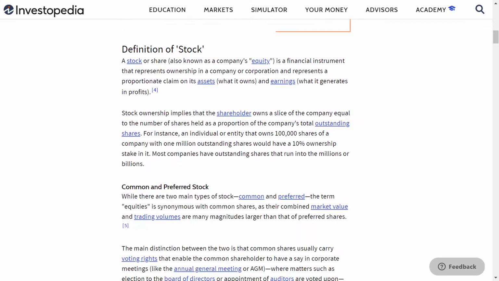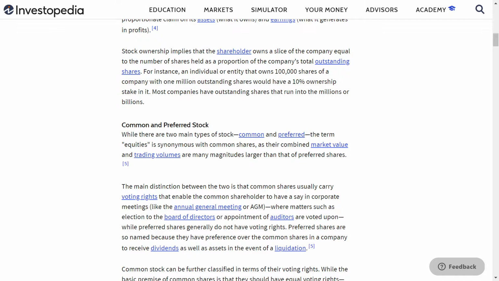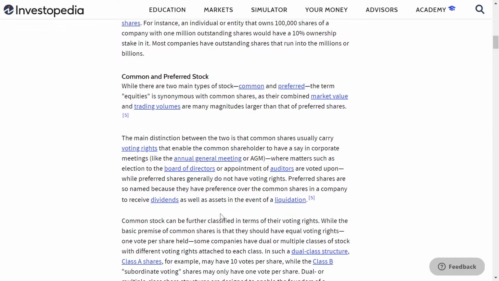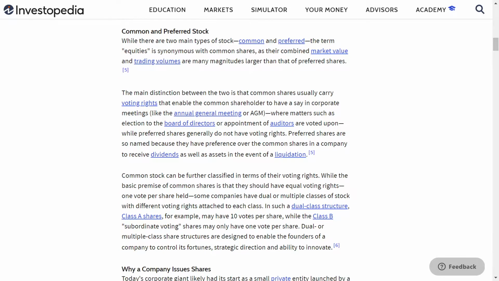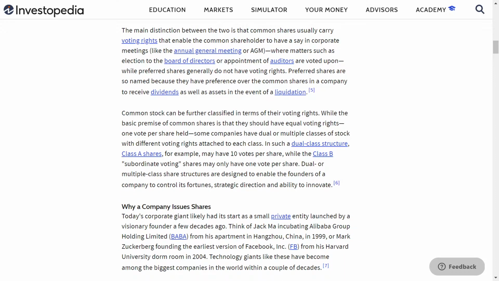There are two types of shares: common and preferred equities. The main distinction between the two is that common shares usually carry voting rights, and shares are classified in terms of their voting rights, with different types of voting shares. All of that isn't really relevant to a smaller time investor, so I'm not going to get into too many details, but essentially the more ownership of the shares you have, and the type of shares you have, the more power you have to vote on certain things within the company.